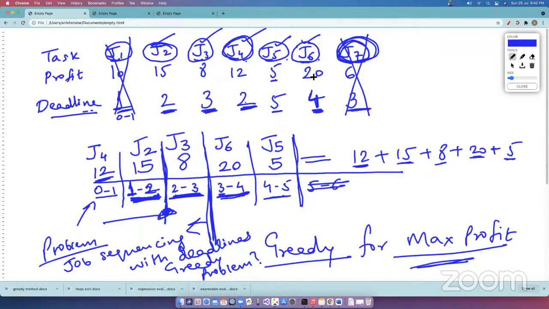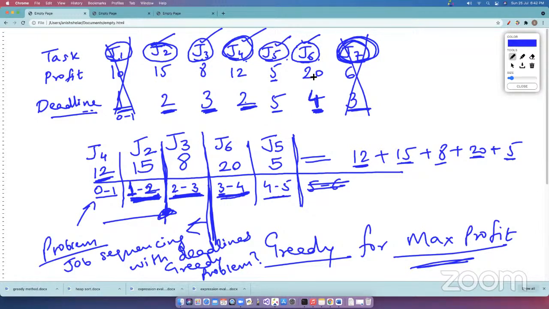If it cannot be done, don't do it. Simply sacrifice it. I repeat, first, the problem is greedy for the job which has highest profit. You greedily select that job. But you are not blindly doing it. You will then check the constraint. Can it be done within that deadline?